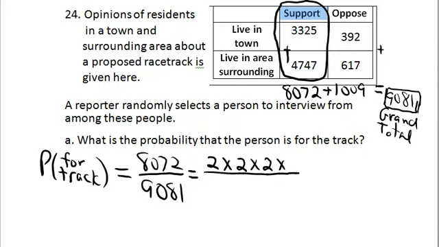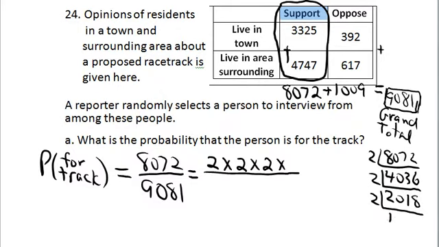If you want to go off to the side and do that, I hope you've practiced some of this on your own. If you took 8,072 and divided it by 2, you would get 4,036. Divided by 2 again, you'd get 2,018. And divided by 2 again, you'd get 1,009. So that's how I got that.